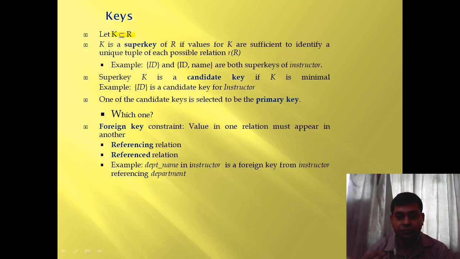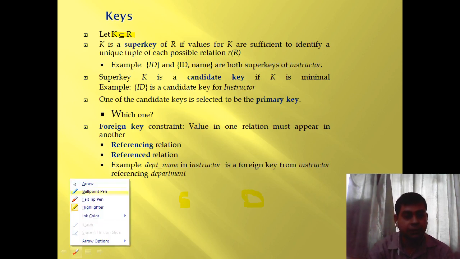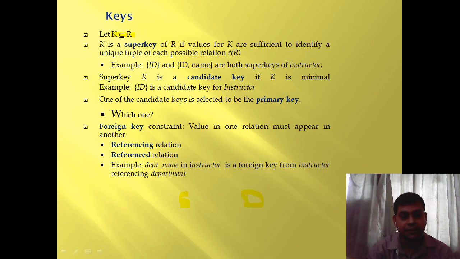Now, referencing relation and referenced relation, these are the two things. Now, what is the referencing relation? I told you about the student table, that is the referencing relation, and I told you about the department table as well. So, student table is referencing and department table is referenced.